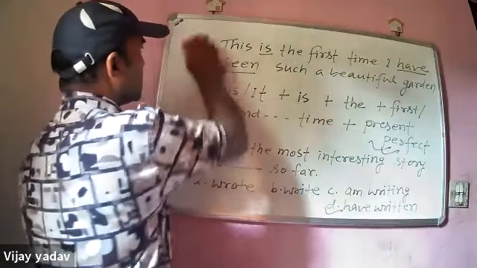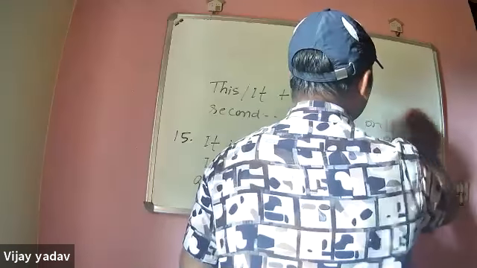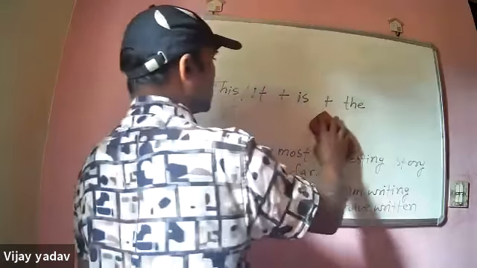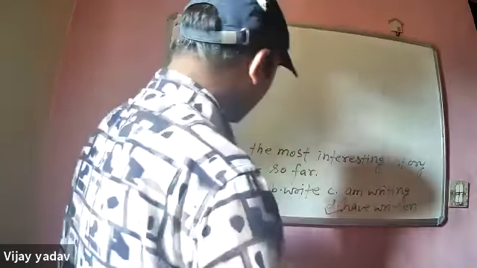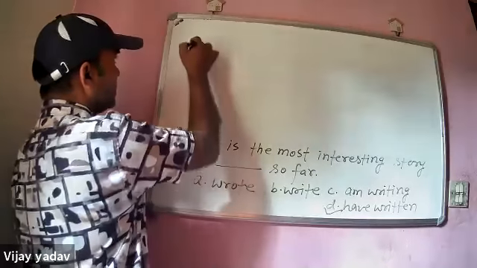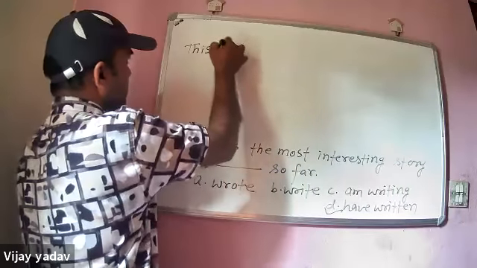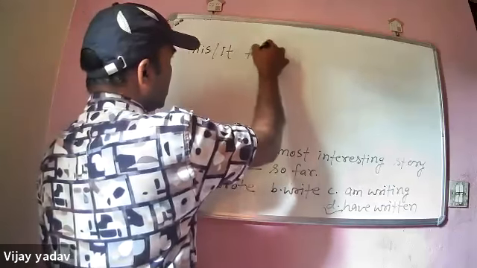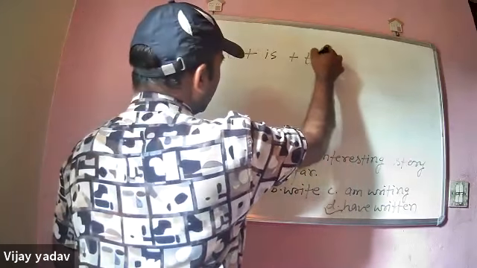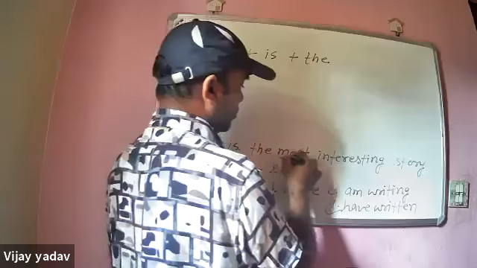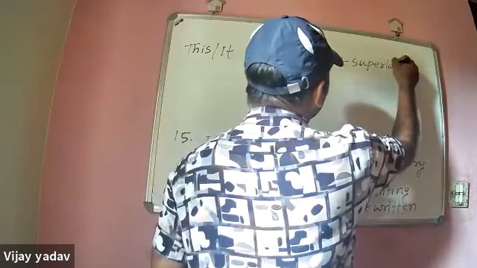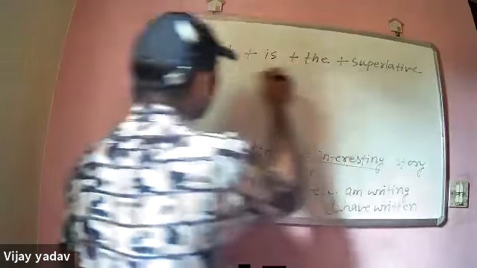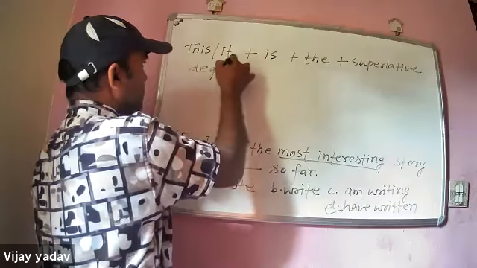So, similar structure here. For number 15, these are it. Then we use each. Then we use the. And then here most interesting is superlative degree.